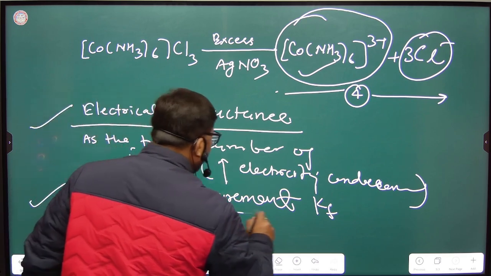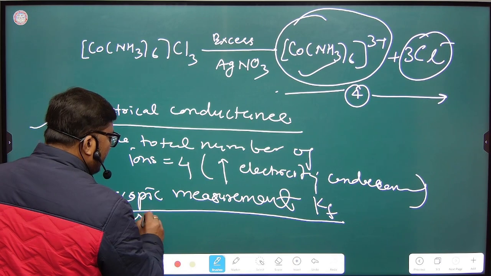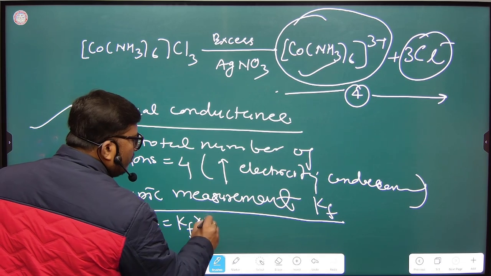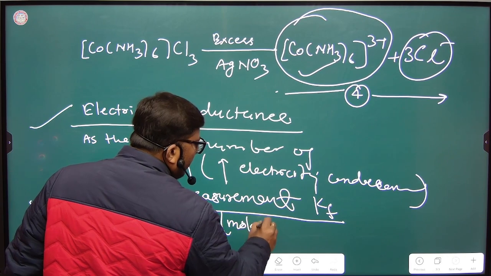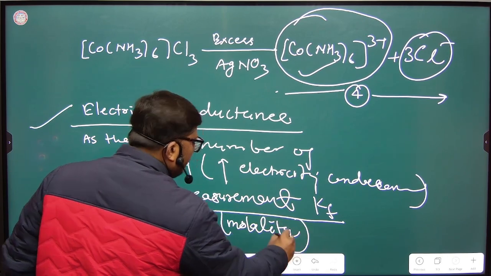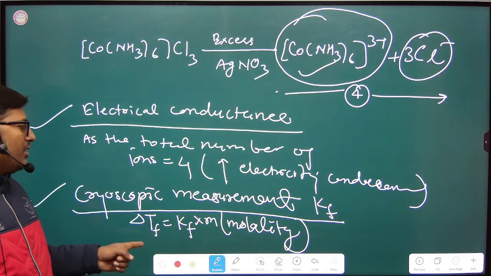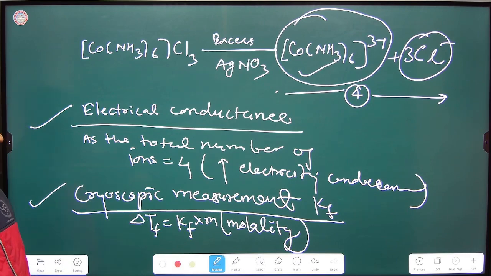This is expressed as delta Tf is equal to Kf multiplied by molality. So the larger the value of molality, the greater will be the depression in freezing point.